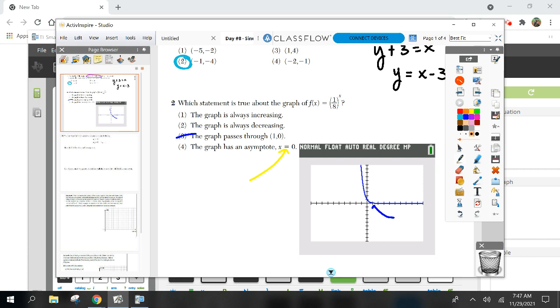Give me another name for x equals 0. That's the y-axis. Vertical going through 0. That's your y-axis. Does this graph come awfully close to the y-axis? It touches it. It goes through it, doesn't it? It doesn't come awfully close and never touch. It goes through it. So that can't be an option.